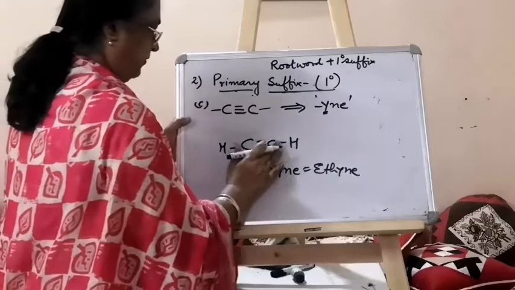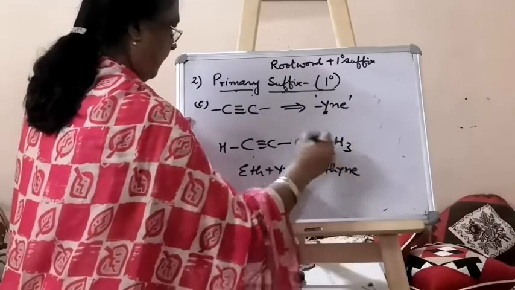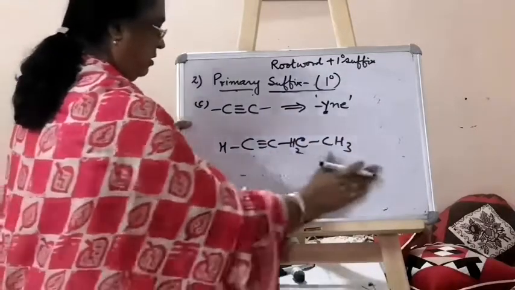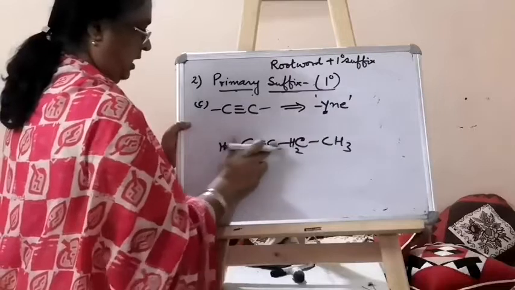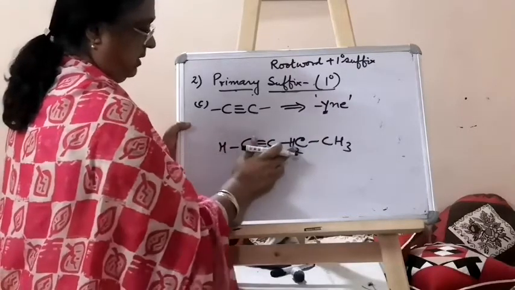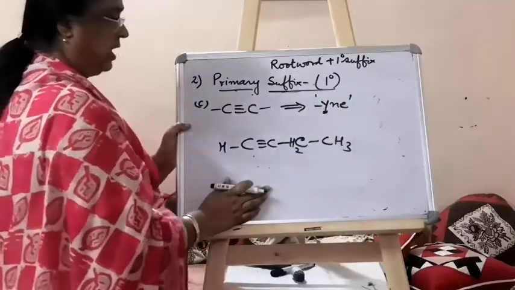Now if I have this long chain, look here: 3 and 1, 4 valency. This carbon has 1, 2 and 2 more here, and so you can adjust hydrogen atoms.